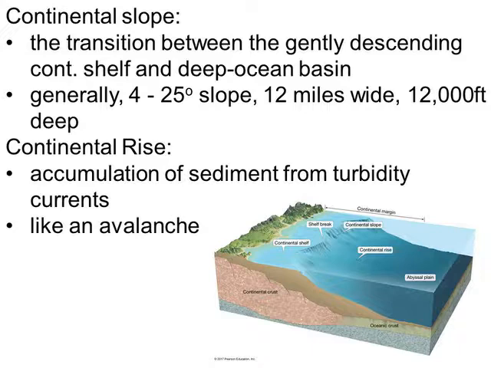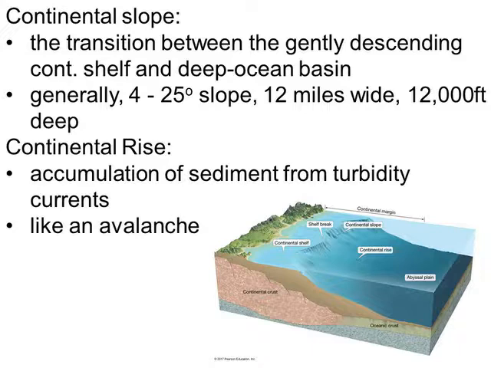Okay, so it's a rapid change in depth between your shelf, which tends to be more gradual sloping, and your continental rise, which is also more gradual sloping. But your continental rise is essentially material from the continental shelf that is now making its way down to the abyssal plains.